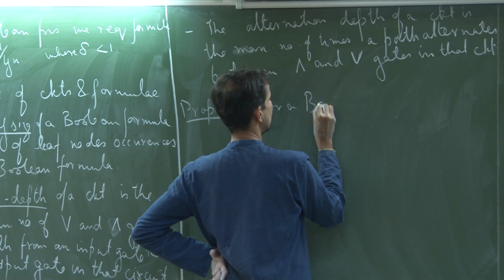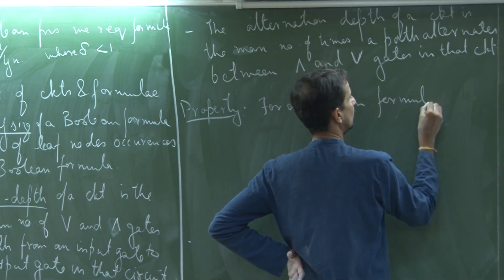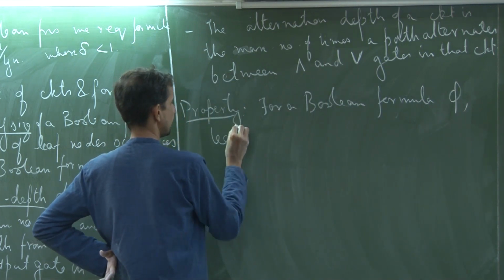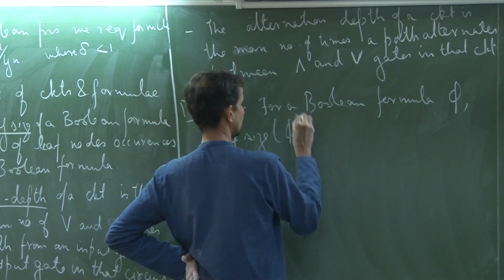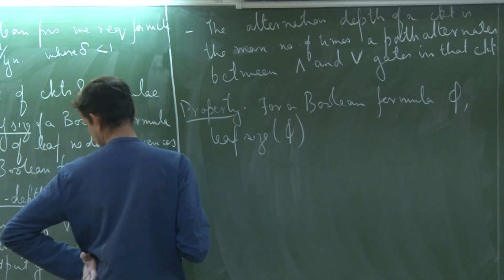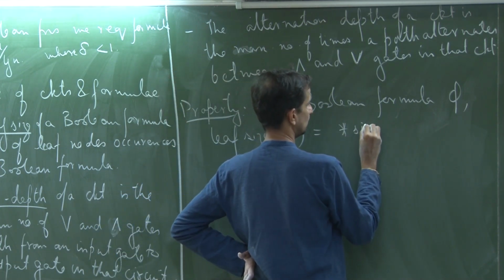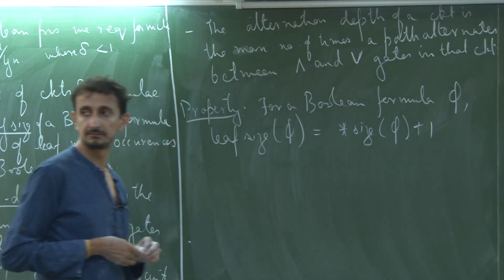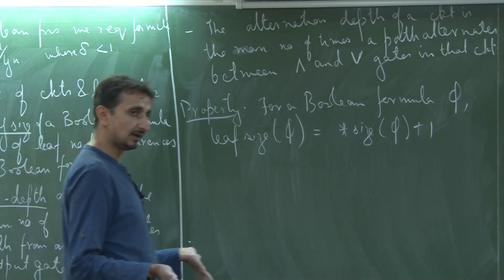For a Boolean formula phi, leaf size of phi is equal to star size of phi plus 1. All we are saying is that you take a Boolean formula.